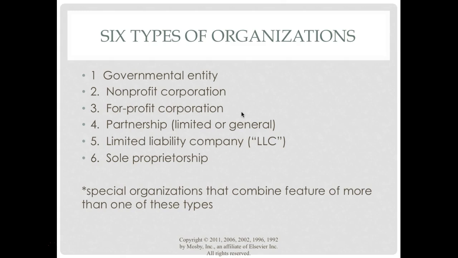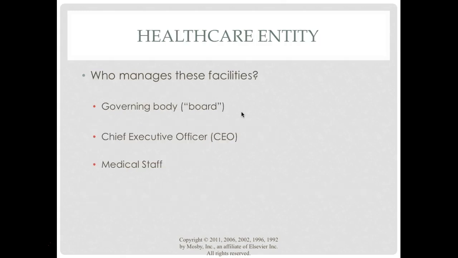So a hospital can partner with a sole proprietor, and it could be a not-for-profit linking up with a doctor's office that's a sole proprietor, or the hospital could link up with an outpatient imaging center that is for profit. So there are a lot of combinations of different organizations.